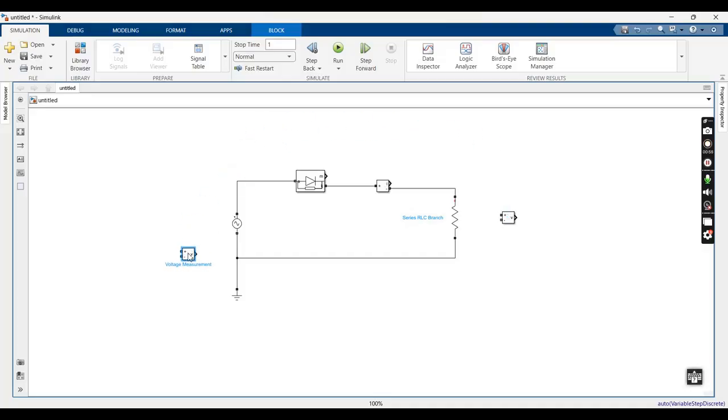Now place the voltage measurement devices across the voltage sources. Similarly, if you want to measure the DC voltage, we have to check the voltage at the load side.